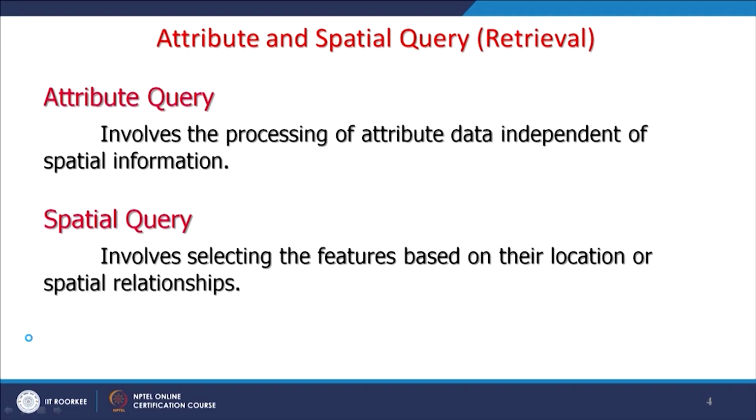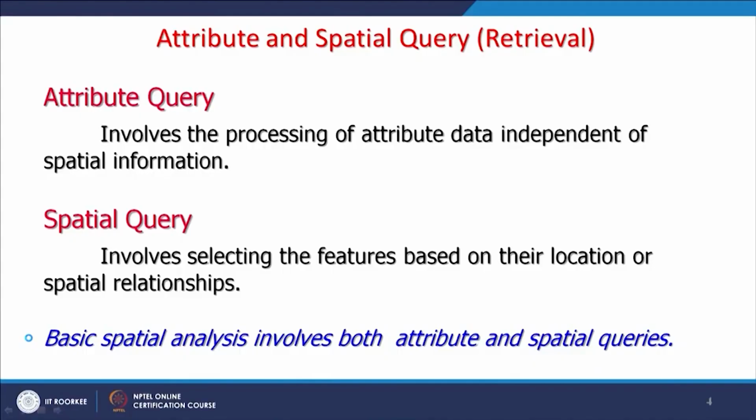That polygon may be representing a state boundary or a district boundary or a watershed boundary or basin boundary, something like that. Based on that we can do the selection, and once these selected features are there, we can either save them as a completely separate file, or we can just utilize whatever selection has been done.